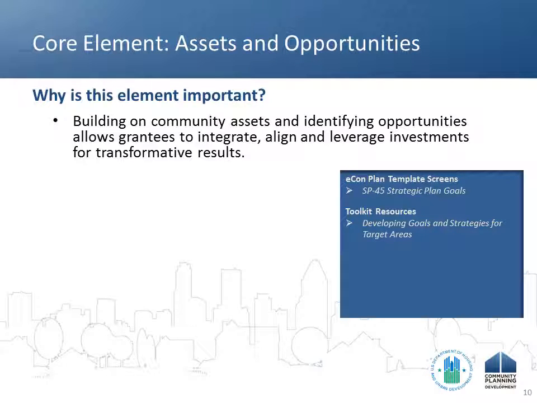For example, it makes sense to locate affordable housing investments in an area that has access to public transportation or is within walking distance of a grocery store and other services. This location allows residents to have access to employment and services without needing to own a car.